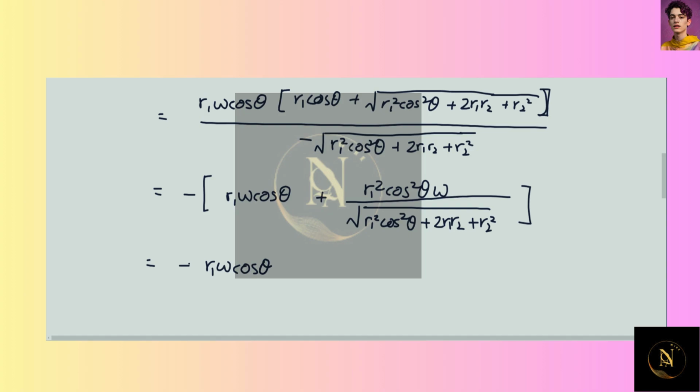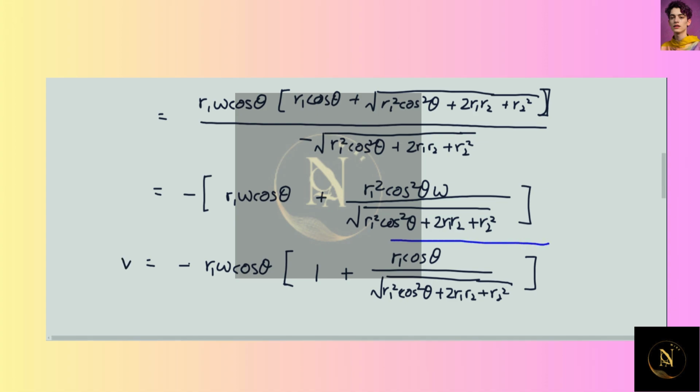Then this is what you get: 1 plus r1 cosine theta divided by the square root of r1 squared cosine squared theta plus 2 r1 r2 plus r2 squared. So this is our final answer for velocity in terms of theta.